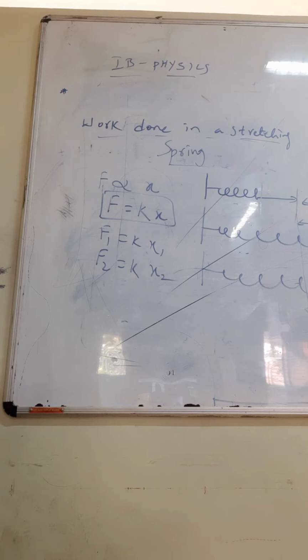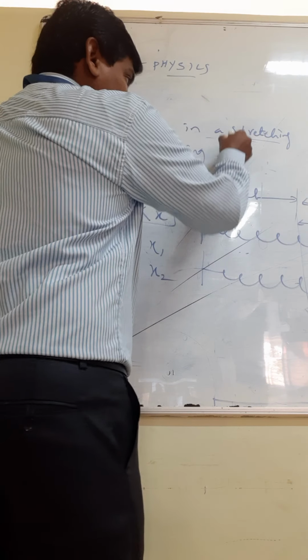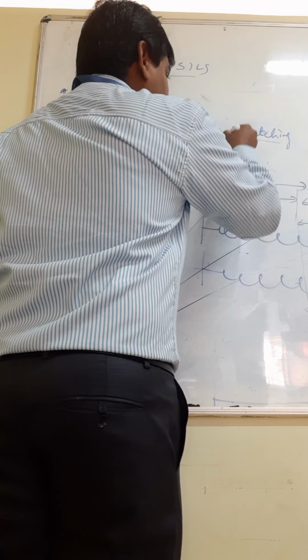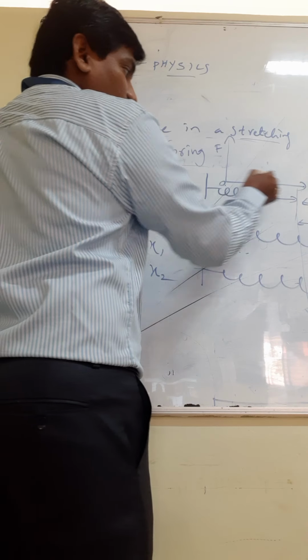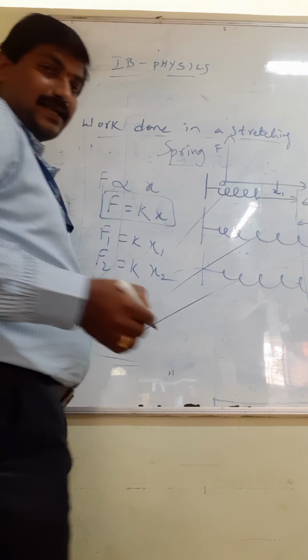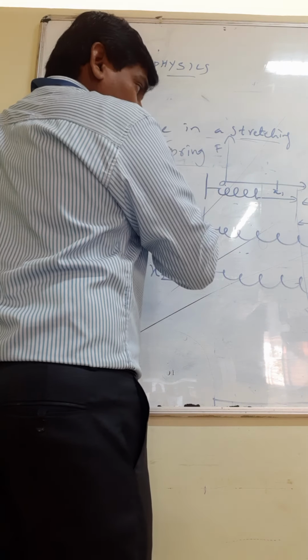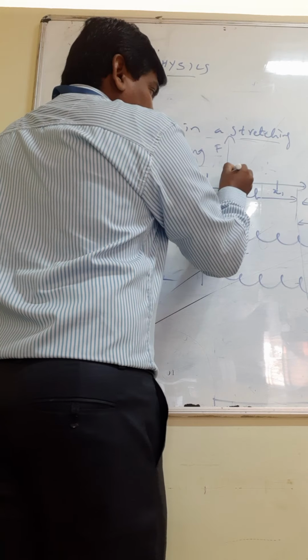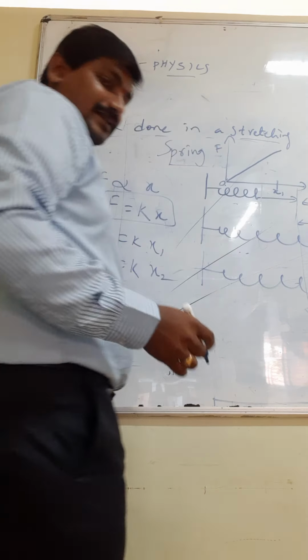Now if you obtain this in terms of a graph of the applied force and the extension, you have a graph like this. I am drawing it here, short. F is the applied force, and the displacement goes from 0 to x1. The force is directly proportional to x, so I am drawing a slanting line like this.